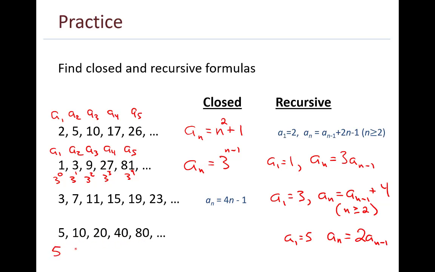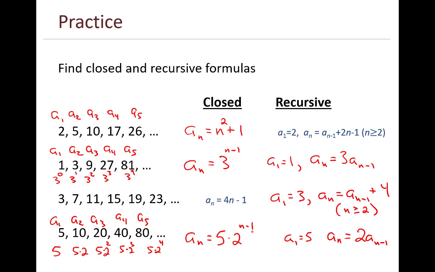So 5, 5 times 2, 5 times 4, but let me call that 2 squared, 5 times 2 cubed, 5 times 2 to the 4th. That's a1, a2, a3, a4, a5. So it looks like the power of 2 is 1 less than the index. So a sub n is 5 times 2 to the n minus 1.